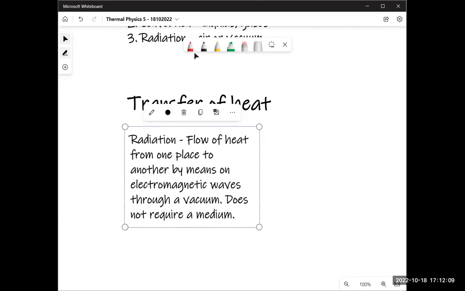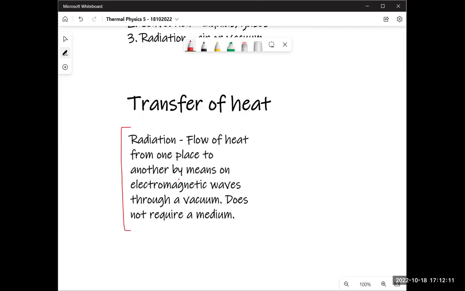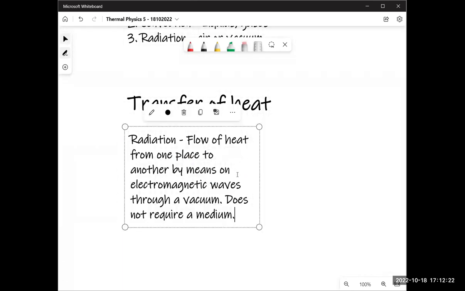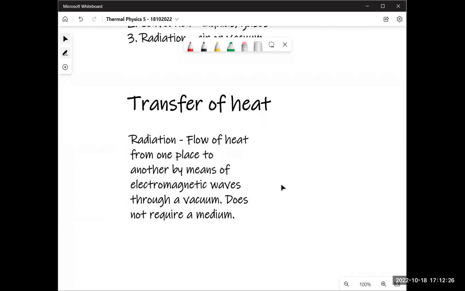Now, Safa, read this out loud. Radiation, flow of heat from one place to another by means of electromagnetic waves through a vacuum, does not require a medium. All right. Now, Zahra, can you tell me what is the meaning of flow?